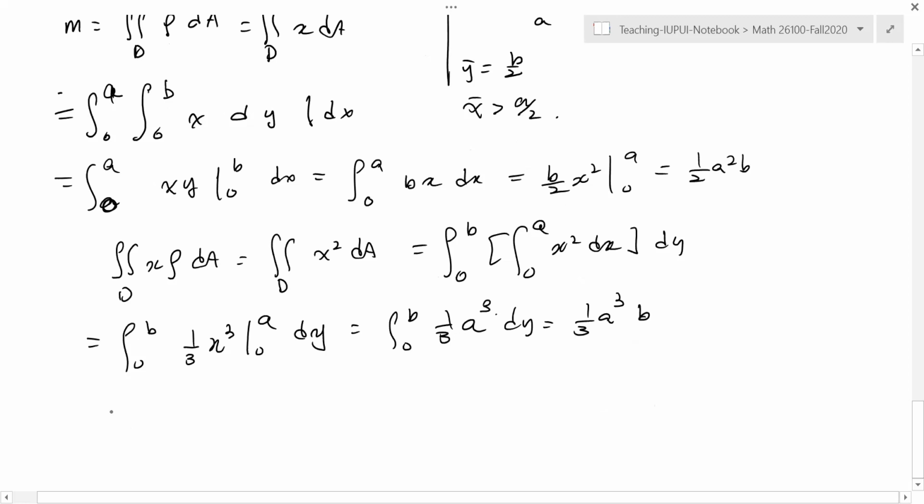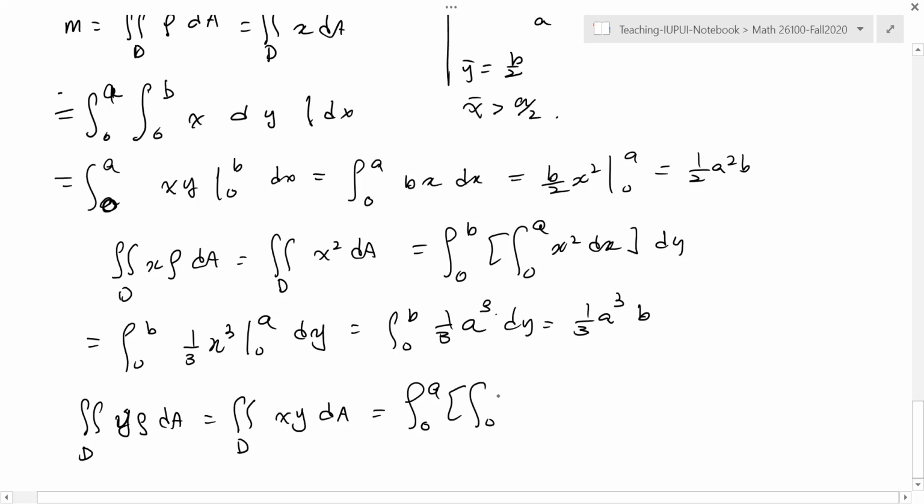We also do the double integral of y times the density. So this is going to be x times y dA, and you can use any of the variables first.